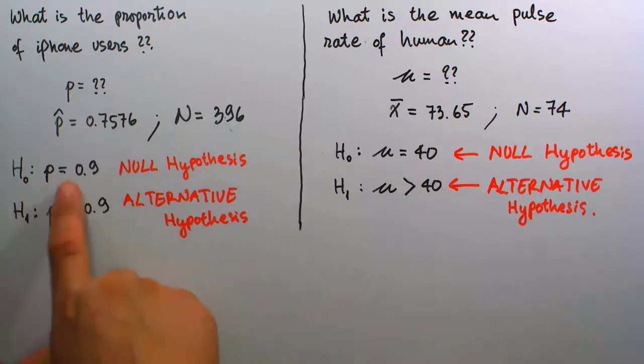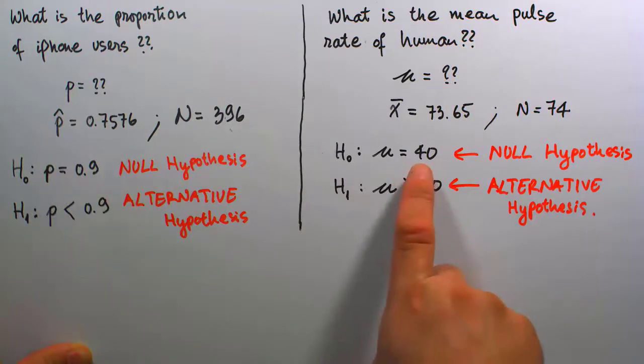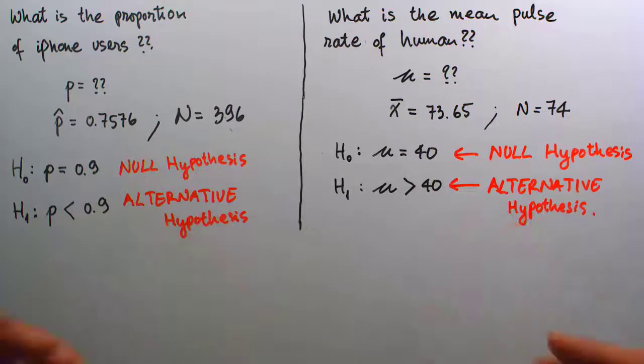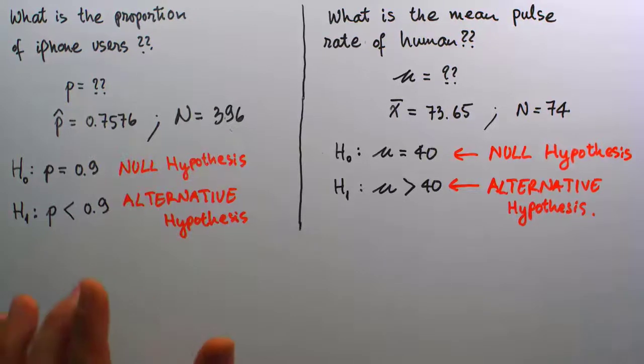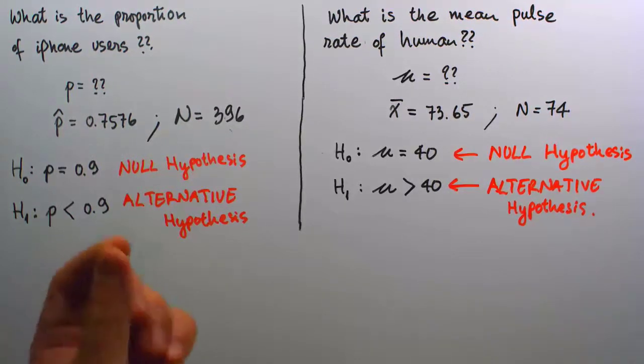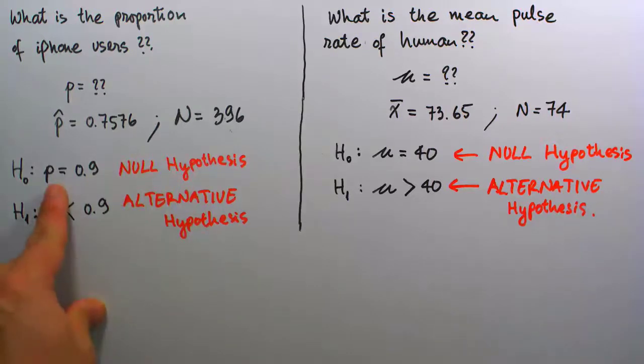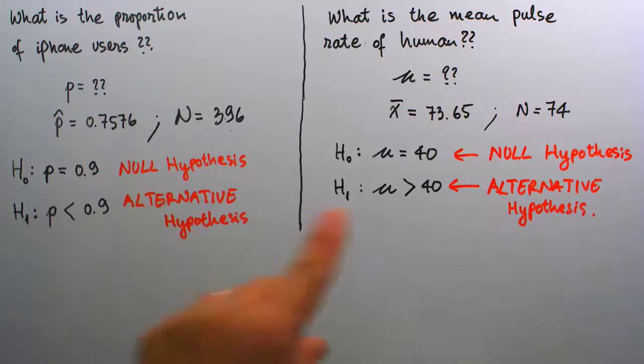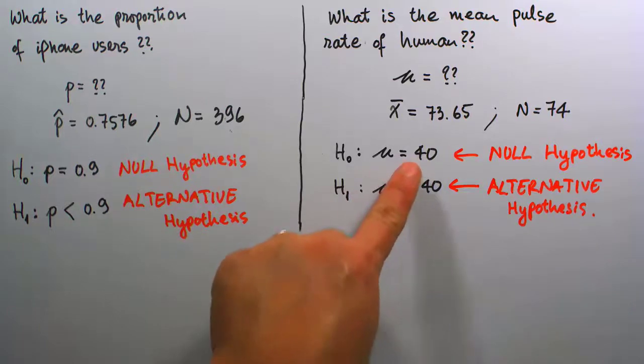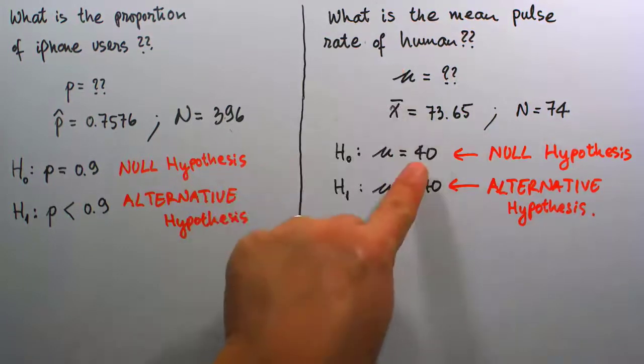So here it says p equals 0.9 or mu equals 40. Think about the person who makes a claim. That person psychologically wants to be the star, the one that catches people's attention. So they claim that the proportion of iPhone users equals 0.9, or that the mean pulse rate of humans is 40.